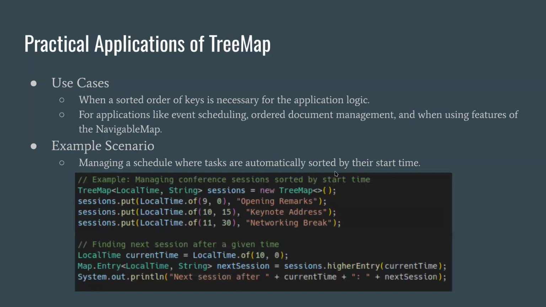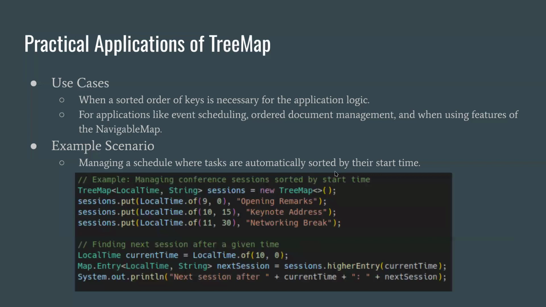You need to quickly find where a session fits and retrieve the next or previous session, and sometimes even remove a session. If you have this use case, then TreeMap would be perfect for this because TreeMap maintains these sessions in a time-sorted order, allowing developers or users to efficiently manage the schedule.